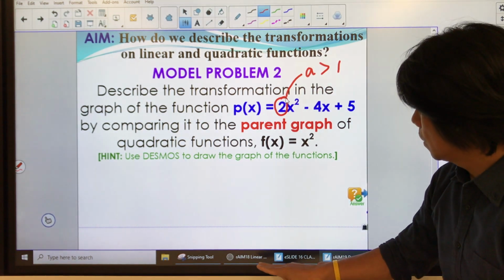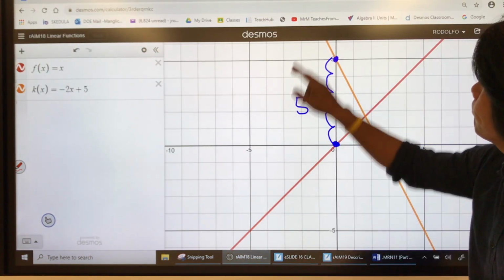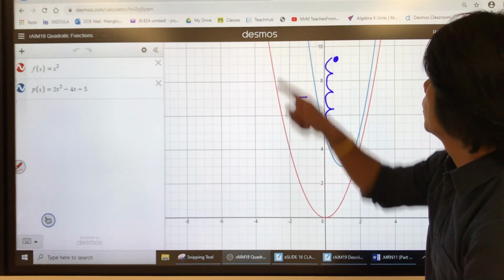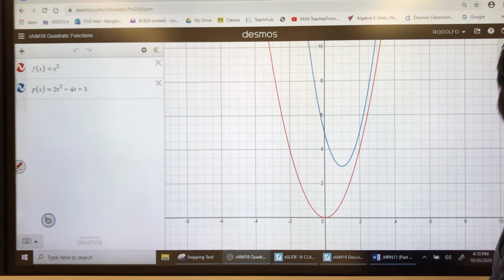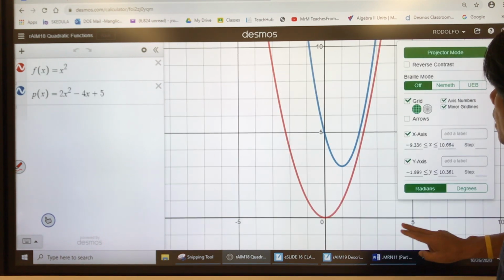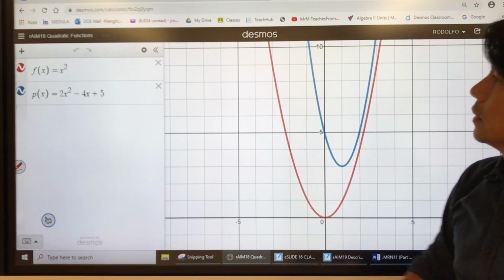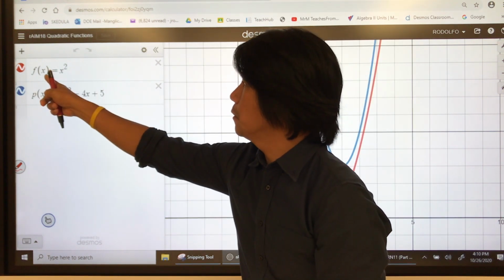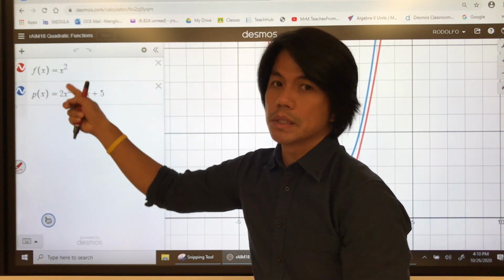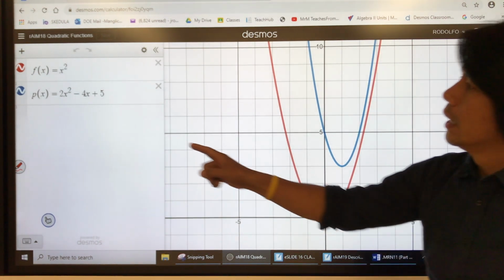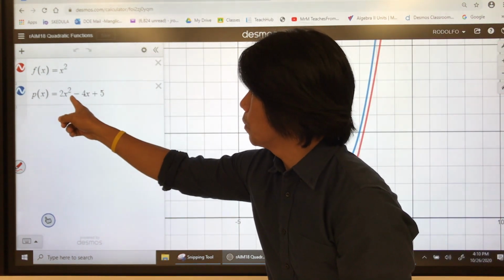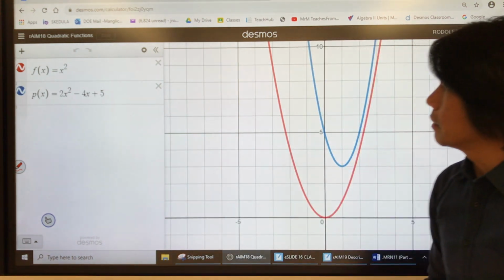Let us show the evidence here. And I have that already plotted. Okay, and let's have the projector. Alright, so I graph f of x is equal to x squared, which is the parent parabola or parent graph of quadratic functions, and p of x is equal to 2x squared minus 4x plus 5.